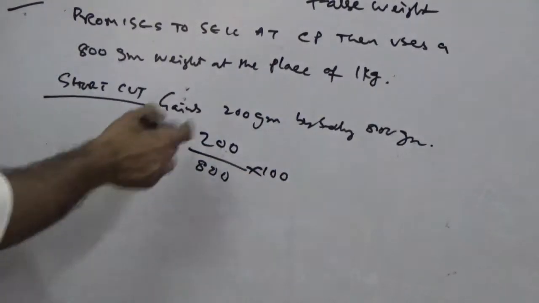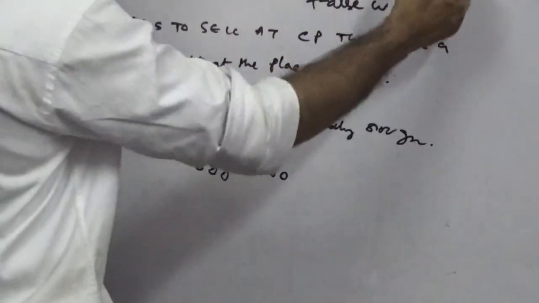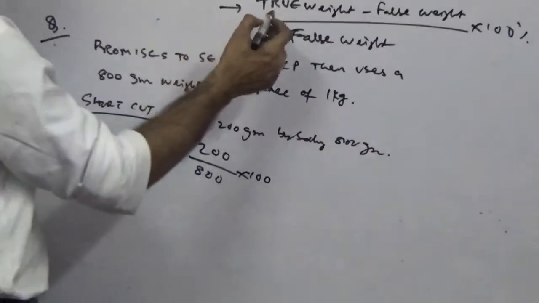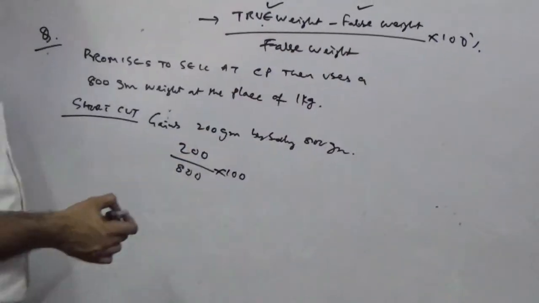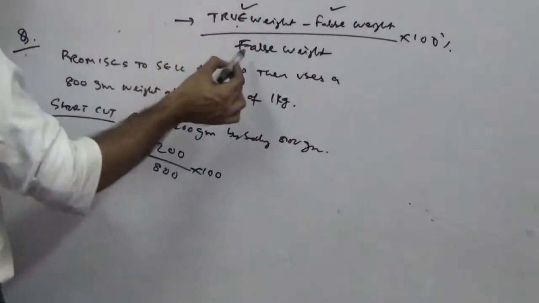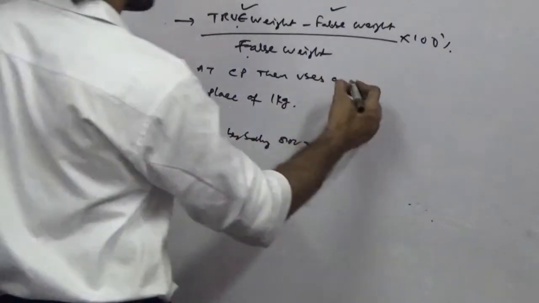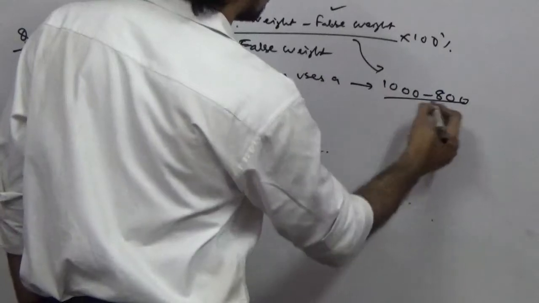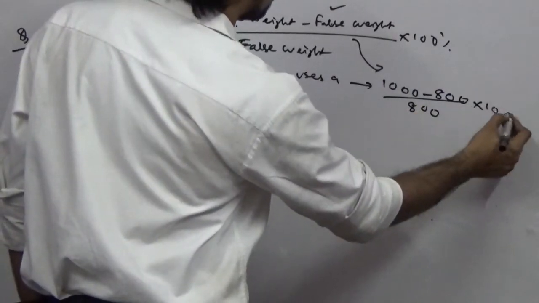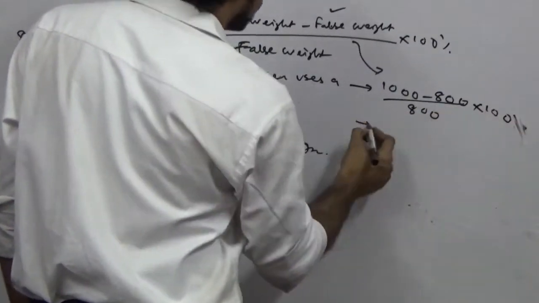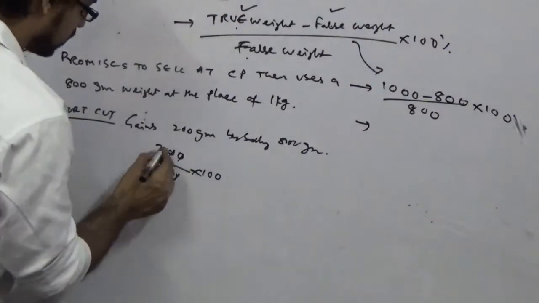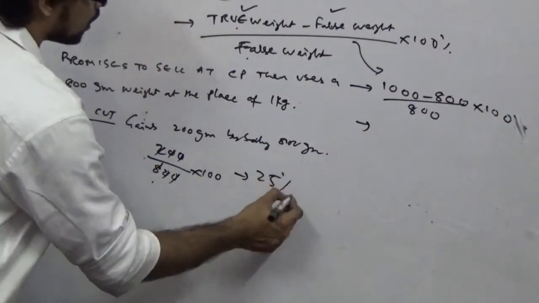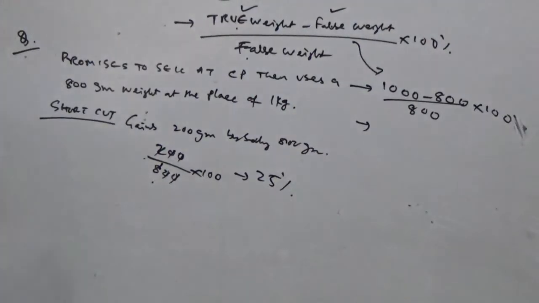Here also you can say true value minus false value, that is 1000 minus 800, that is 200, and the false weight is 800. So using our formula, it is 1000 minus 800 divided by 800 into 100%. This will cancel out by 4. So he makes a profit of 25%. So using the formula or the simple unitary method, you can solve any kind of problem like this.